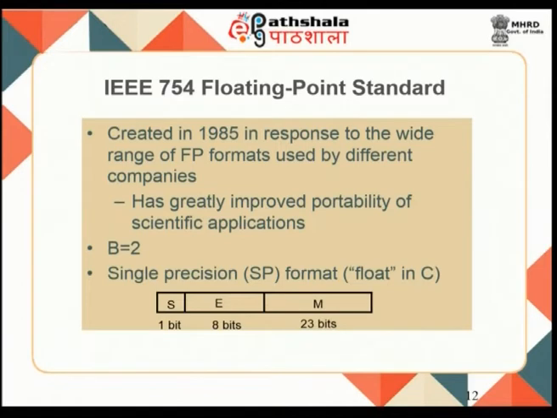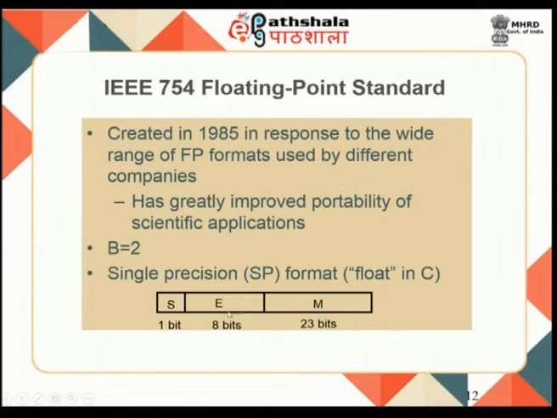So, the base of the number system is assumed to be 2, and you have a standard representation for single precision floating point numbers, and similarly for double precision floating point numbers. For a single precision floating point number, you have a 32-bit representation where the S bit represents the sign bit, 1 or 0. 1 indicates that it is a negative number as usual, and 0 represents that the number is positive. You have 8 bits which are used for the exponent representation.